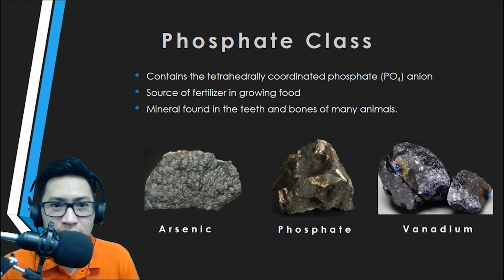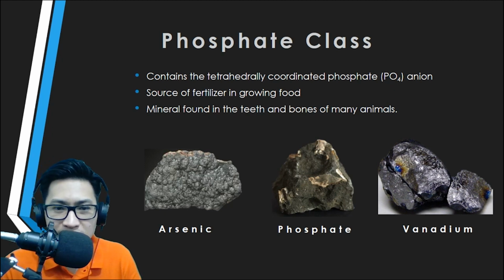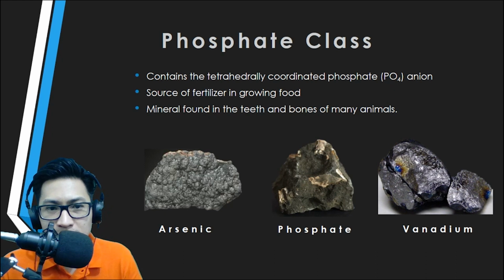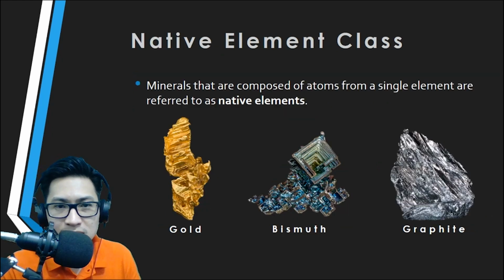Mineral found in the teeth and bones of many animals. Like for example, we have the arsenate, the phosphate, and the vanadate. Okay? Now, as you can see, the arsenic and the vanadium are single element minerals, which can be combined with phosphate, okay, to make it a phosphate class.